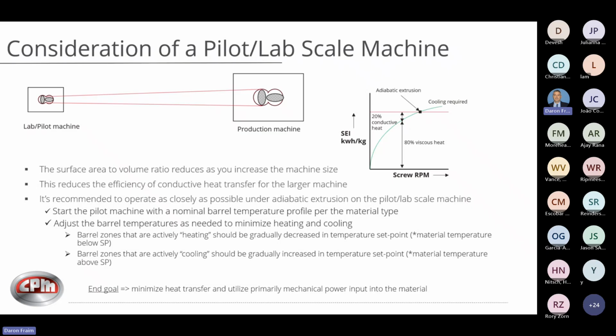Same thing if the barrel zones are actively cooling, that means your material temperature is above the set point, so you want to gradually increase. While you're operating, adjust those temperatures so the set point is as close as you can get to the actual material temperature. The goal is to minimize heat transfer and force that machine to primarily use mechanical work from the screw package.